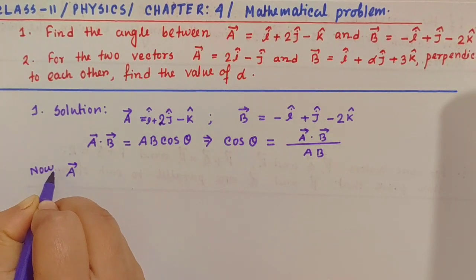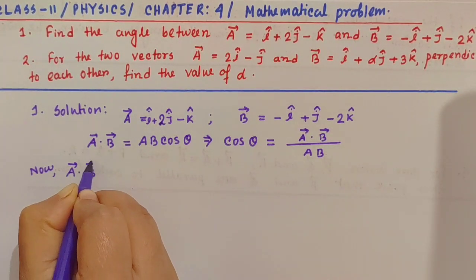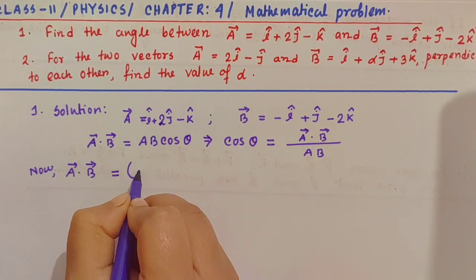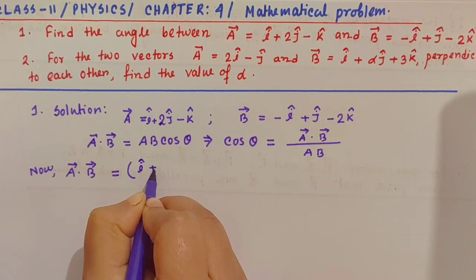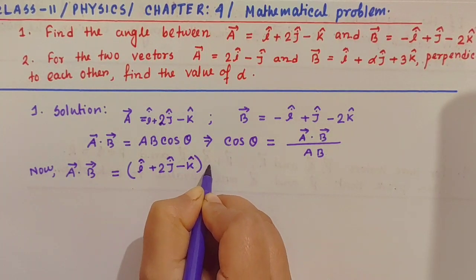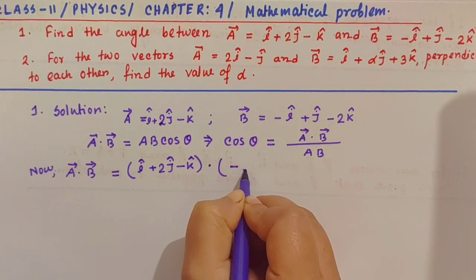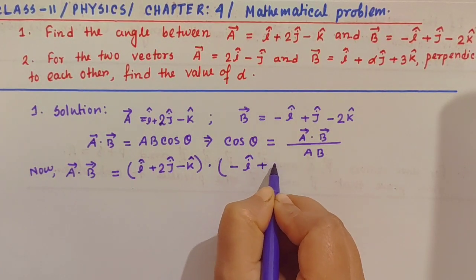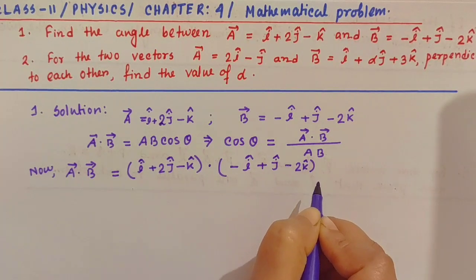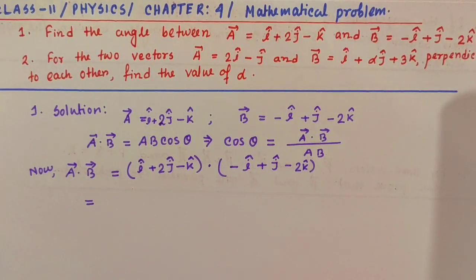So now A dot B is equal to, put these values for the A vector: i cap plus 2j cap minus k cap dot B, minus i cap plus j cap minus 2k cap. Now we have to find out the dot product between A vector and B vector.